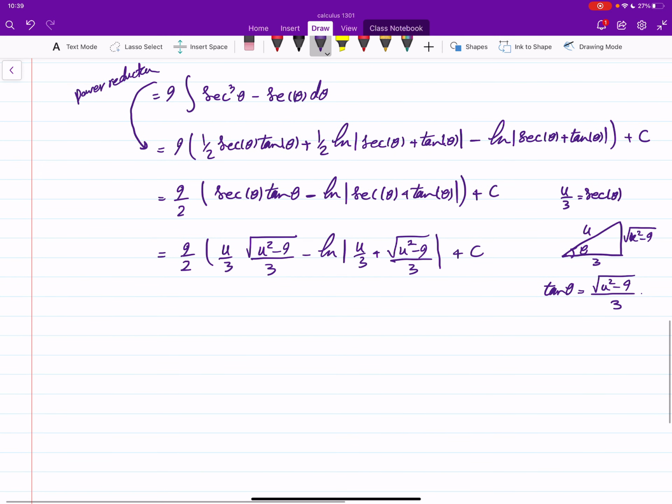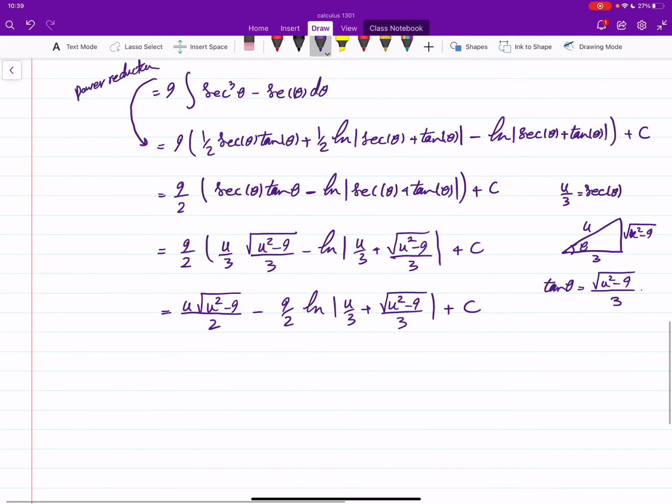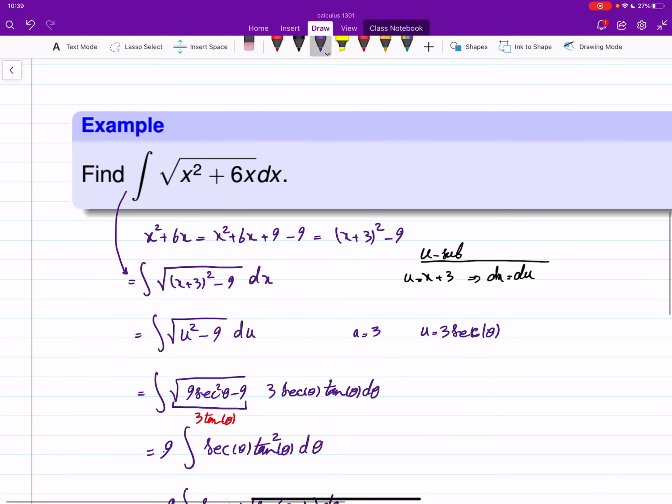Okay, now we can simplify and write this as u times the square root of u squared minus 9 over 2, minus 9 over 2 ln of u over 3 plus the square root of u squared minus 9 over 3. And remember that our original variable was x and we set u to be x plus 3.